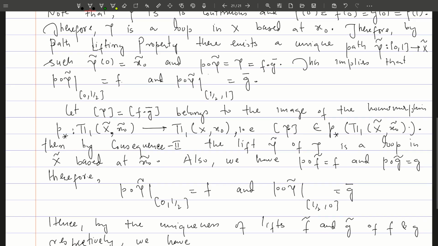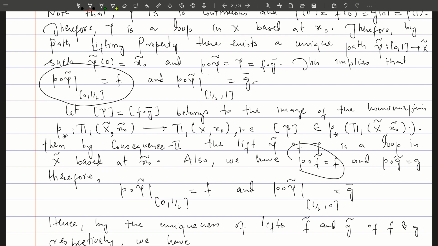I think I have made a mistake here. So we are comparing this equation with this equation. So we get here p of f tilde is f, and here we have p composed with g tilde is g.